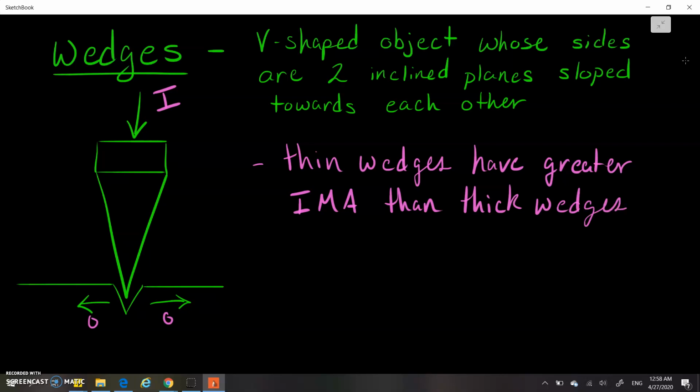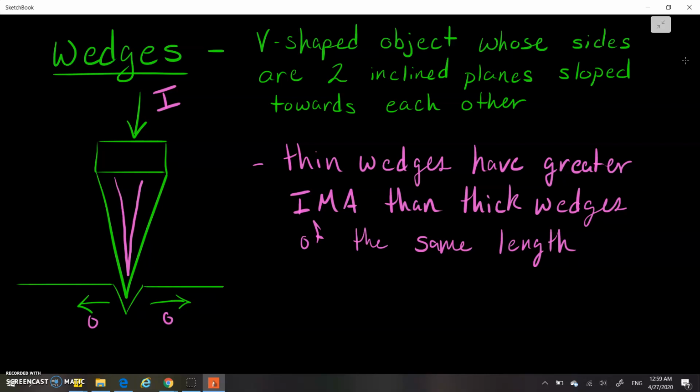Providing that they are of the same length. Say, for example, I have this wedge right here. If I have a wedge that is more narrow, it is going to have a greater ideal mechanical advantage than this larger wedge.